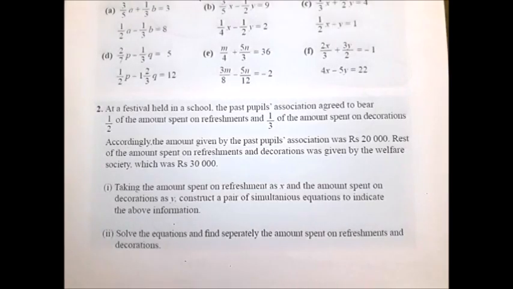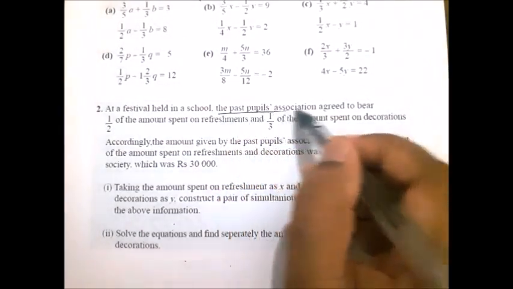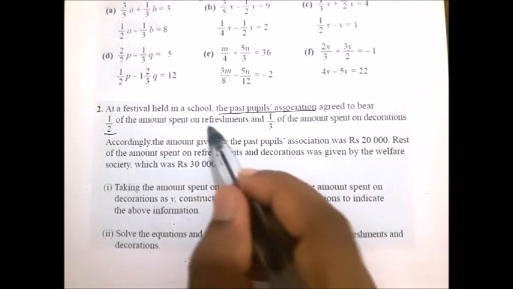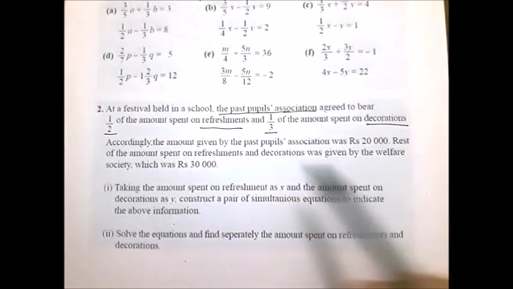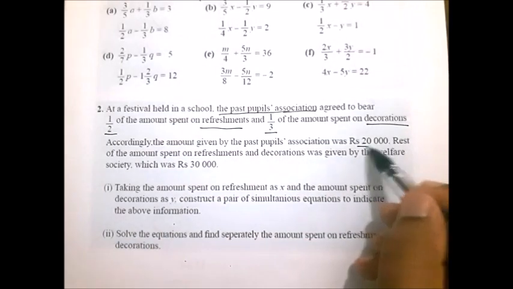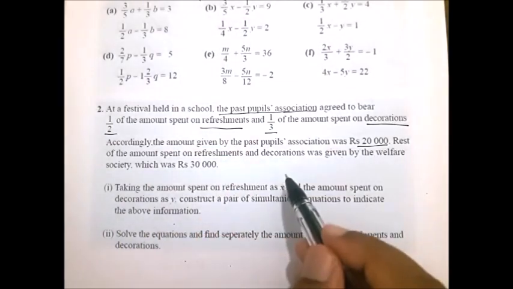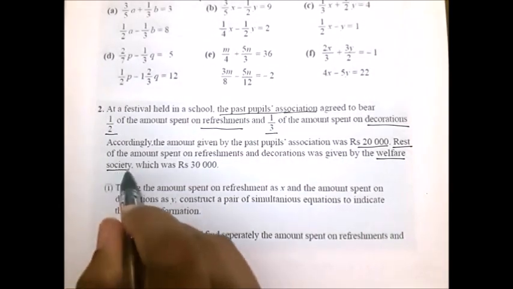Now look at second question. At a festival held in a school, past pupils association agreed to bear half of refreshments and 1/3 of decorations. Accordingly, the amount given by past pupils was 20,000 rupees. Rest of the amount spent on refreshments and decorations was given by welfare society.